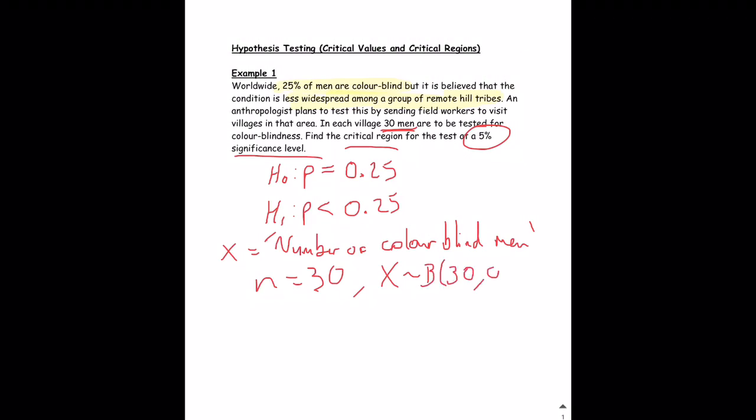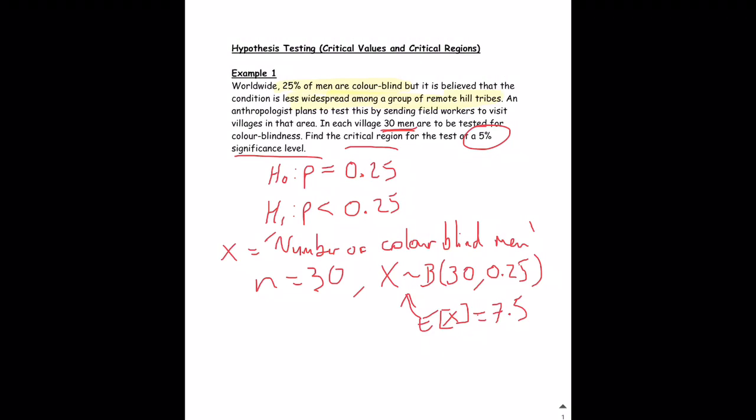So I would expect, under H naught, to have a distribution like that. And so I would expect, on average, a quarter of them, which is 7.5, so about 7 or 8 of them to be colourblind each time on average.